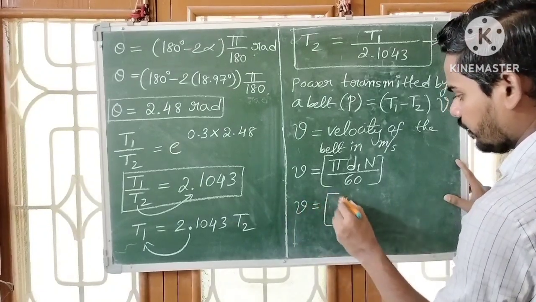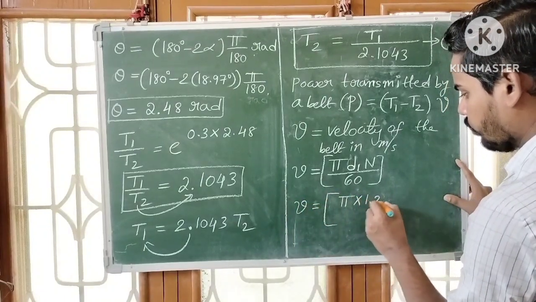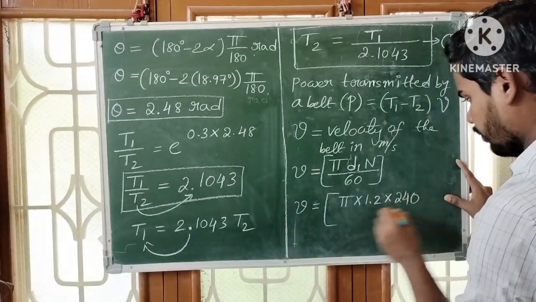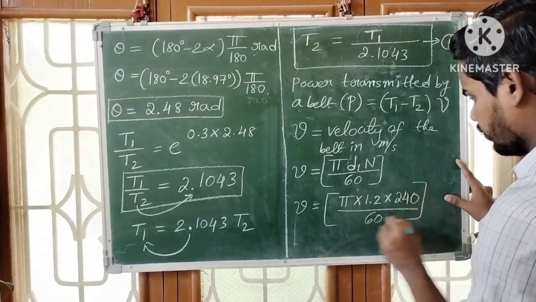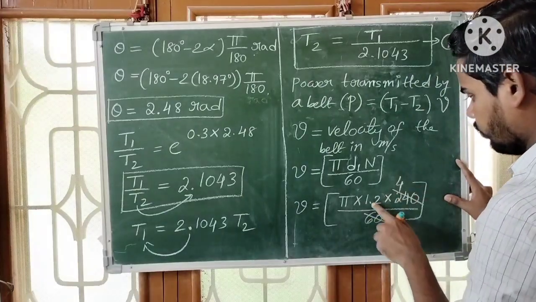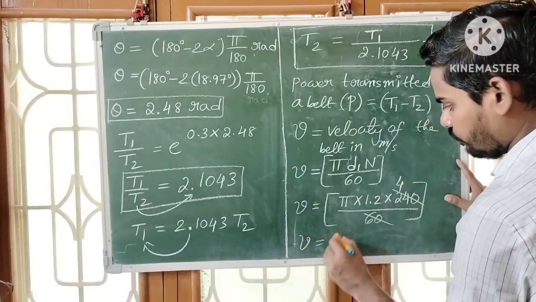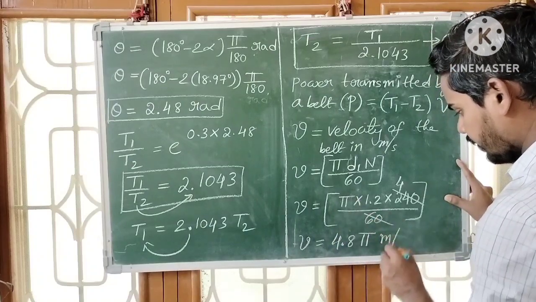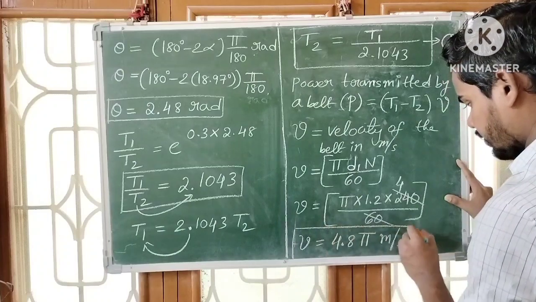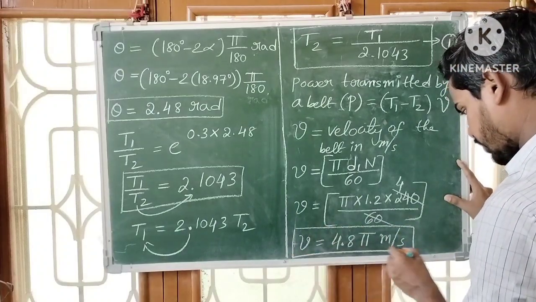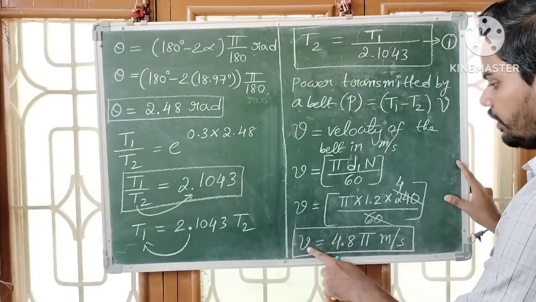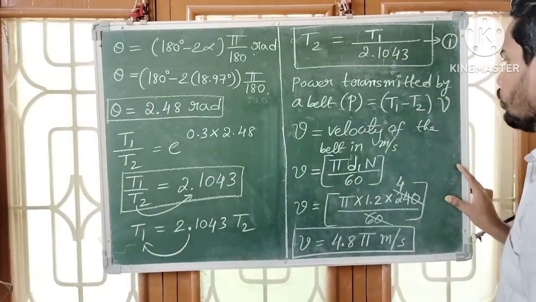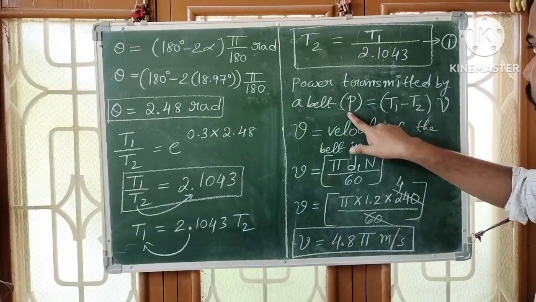V is equal to pi into diameter 1.2 meters into speed, 240 rpm, by 60. 240 by 60 is 4, 1.2 into 4 is 4.8. So 4.8 pi meters per second. Therefore, velocity of the belt is 4.8 pi.